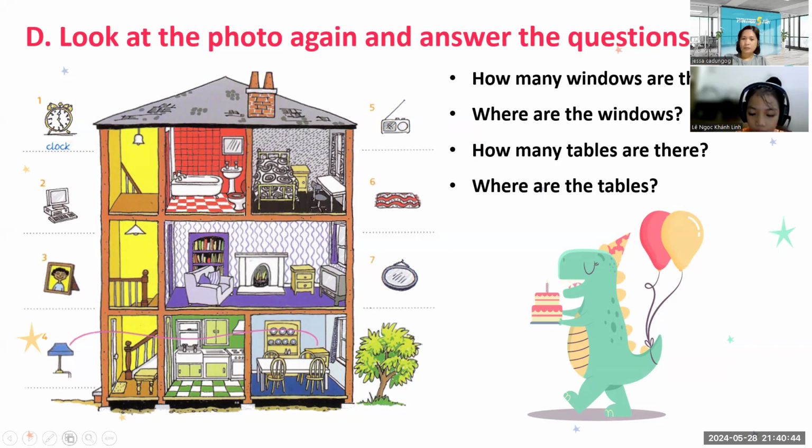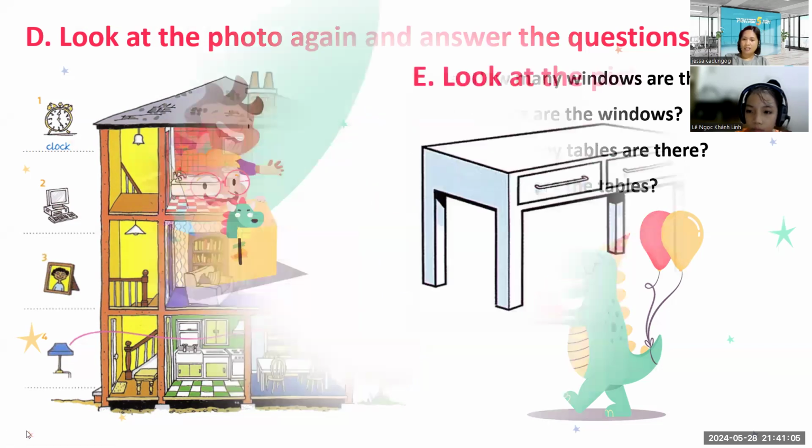Where are the tables? The tables are in the bedroom and dining room.